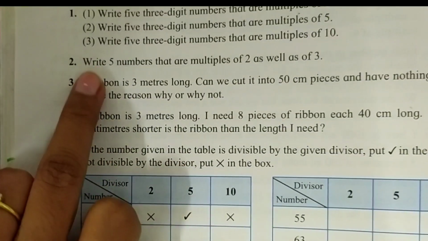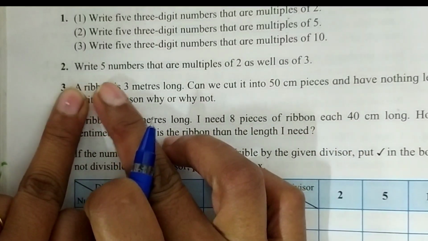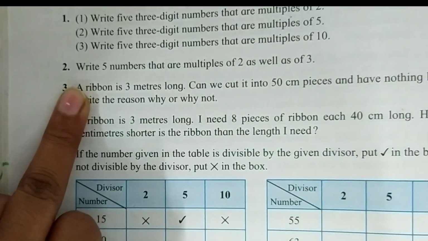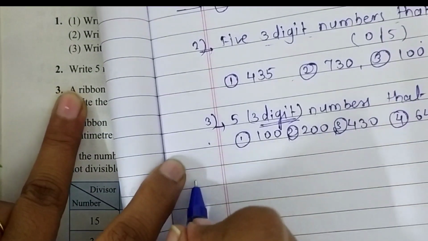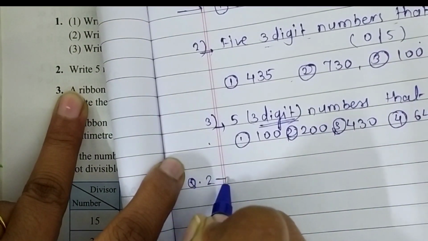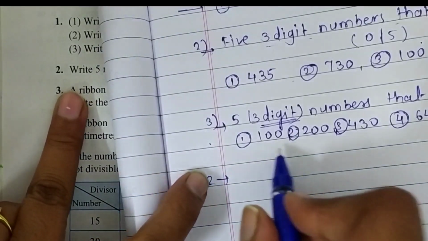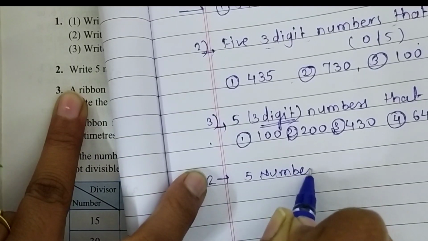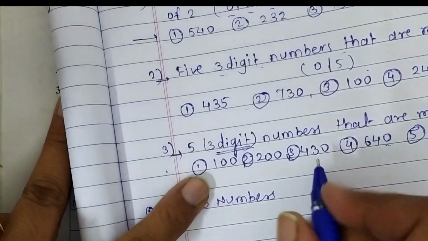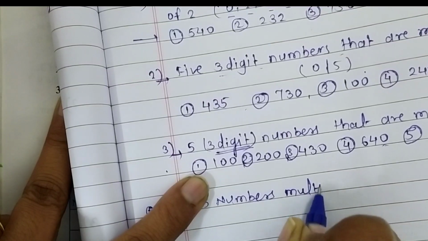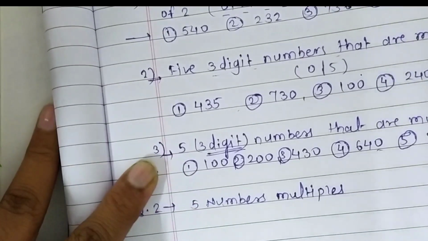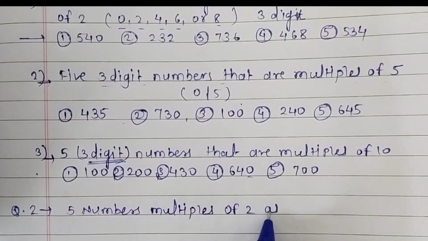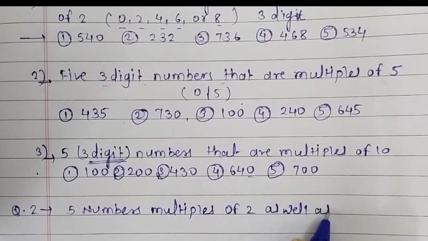Now for the second question, the question is write 5 numbers that are multiples of 2 as well as of 3. So the answer of question 2 is 5 numbers which are multiples of 2 as well as 3.